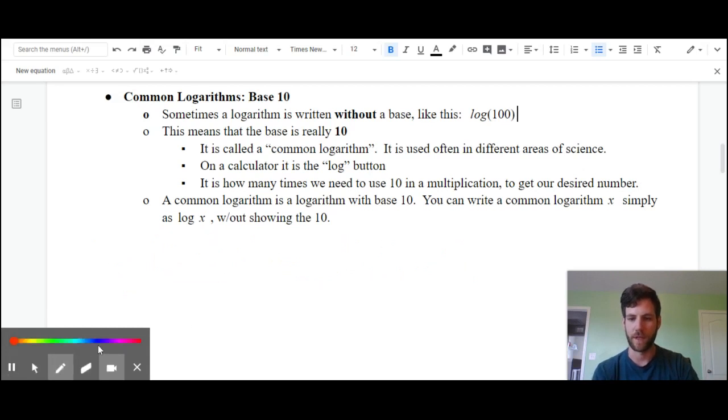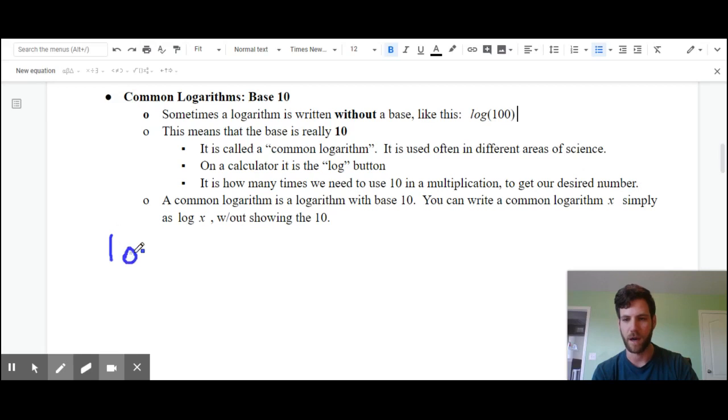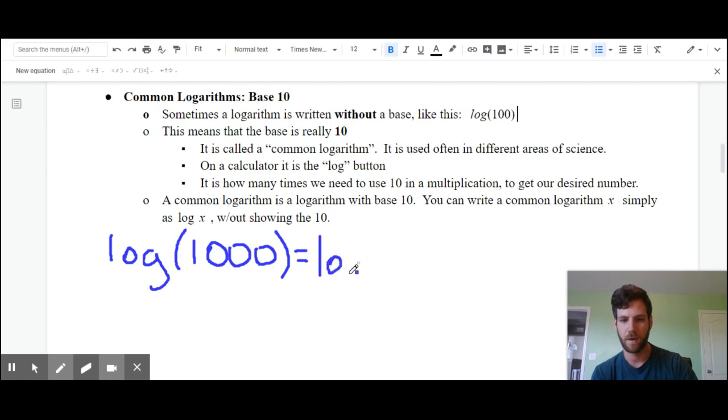Another example of this would be something like if we have log of 1,000, we know that is the same thing as log base 10 of 1,000. And from there, all we need to think about is 10 to what power is equal to 1,000?